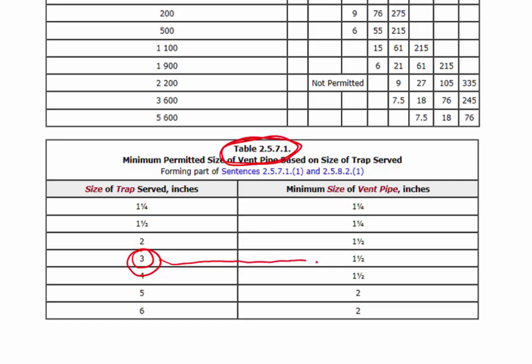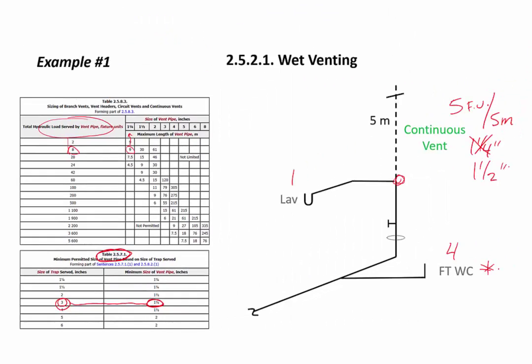And when we have a 3-inch trap being served, the minimum size dry vent associated cannot be less than 1.5 inches. So we're going to have to make that 1.5 inches to accommodate table 2571, because 2571 is the minimum table that must be satisfied for all dry vents.